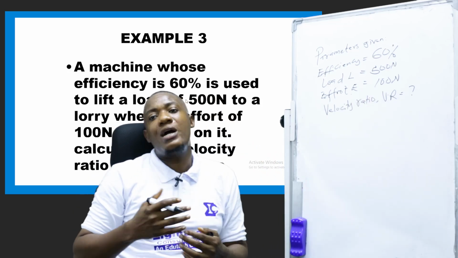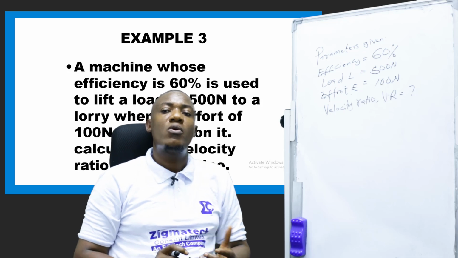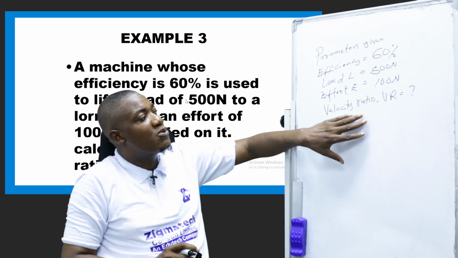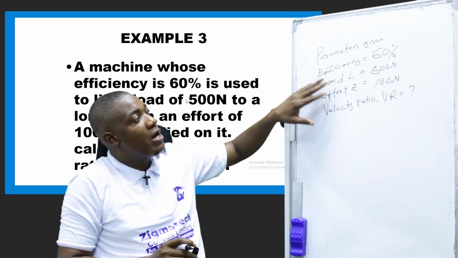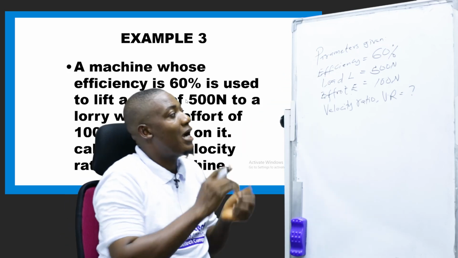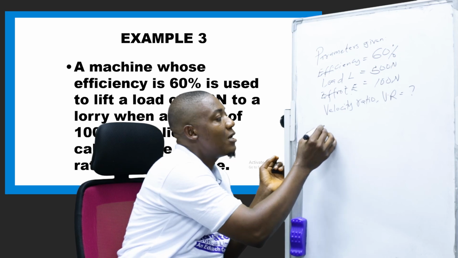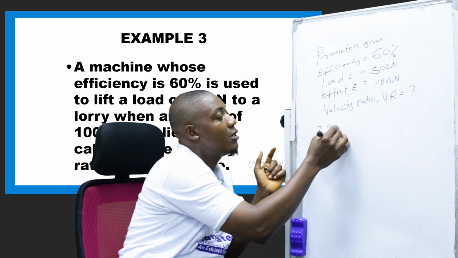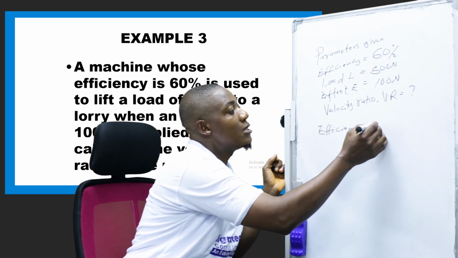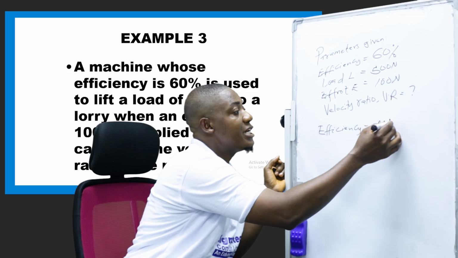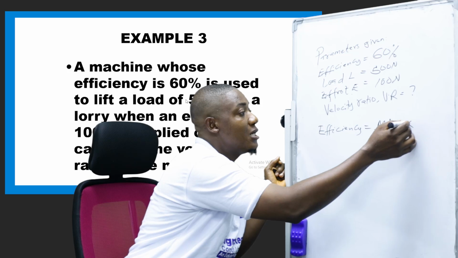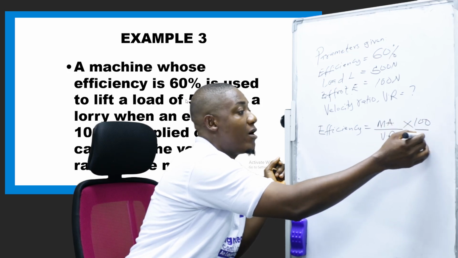So now the question you ask yourself is, what is the connection that exists among velocity ratio, efficiency, and load and effort given? I told you that efficiency of a body is given as mechanical advantage, MA, all over velocity ratio of the machine times 100 over 1.